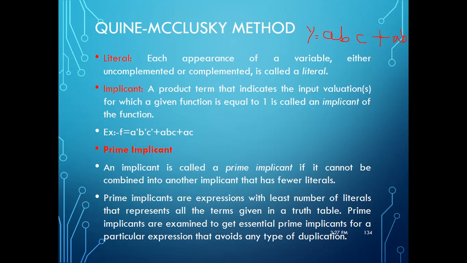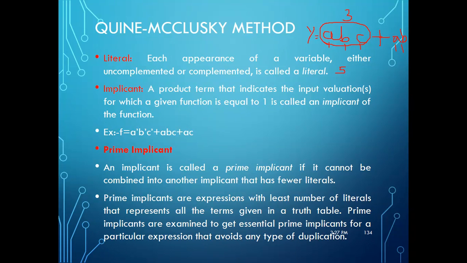How many variables do you have? You have 3 variables in total. The total number of literals is A, B, C, A, B, so a total of 5 literals in this case.